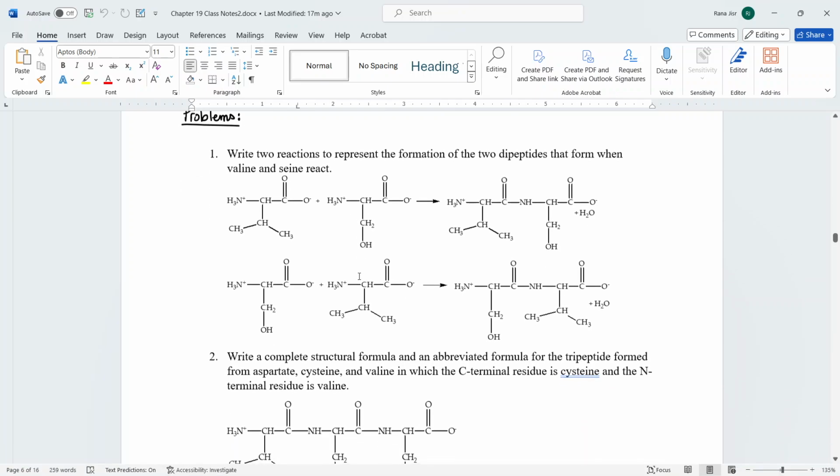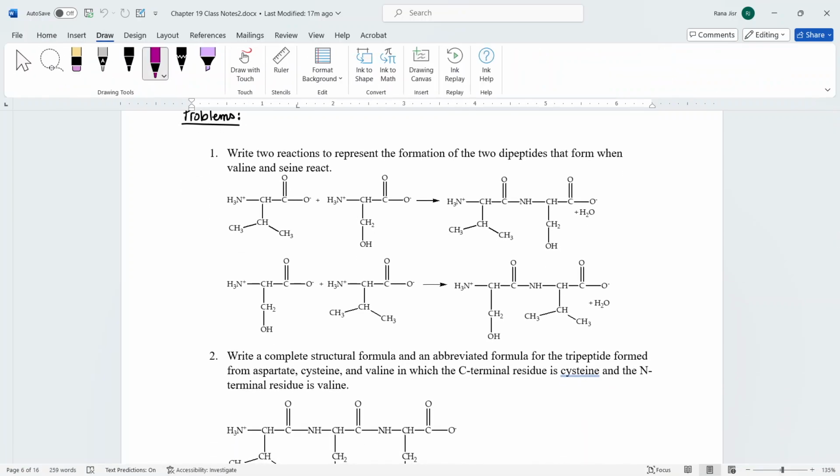Let's have some problems. These problems, they do have a solution. I'm just going to walk you through these. So write the 2 reactions to represent the formation of 2 dipeptides that form when valine and serine react with each other.